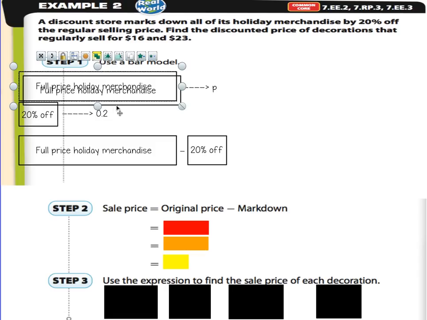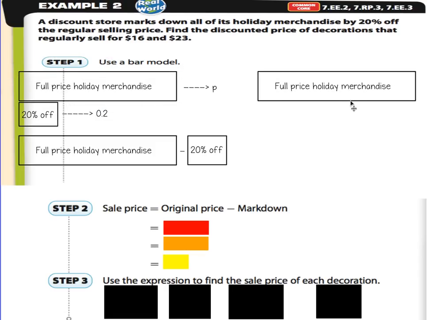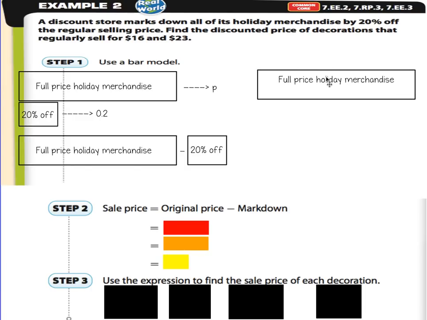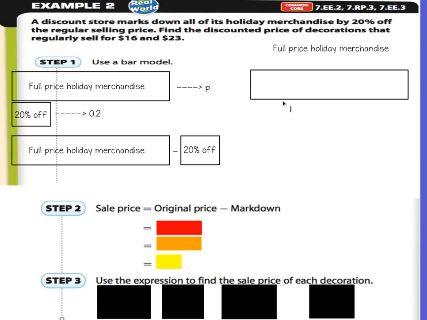So here's your full price. And then inside of that full holiday price, you have your 20%. So you have your line here where you have 20%. Right, so that little spot here is 20%. And bear with me because I don't have the best drawing tools right now.